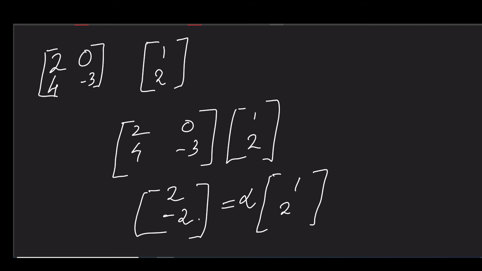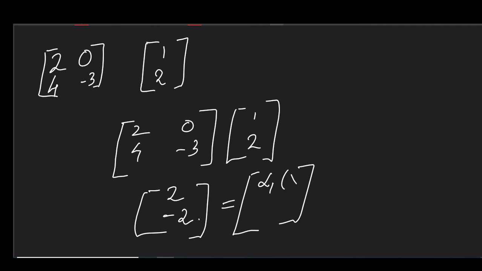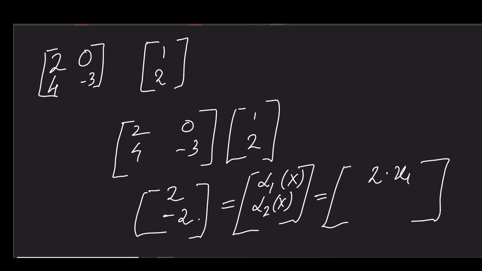We have to figure out what that function is. If we break it in two parts, the first one is 2 x1 and the second one is 4 x1 minus 3 x2.